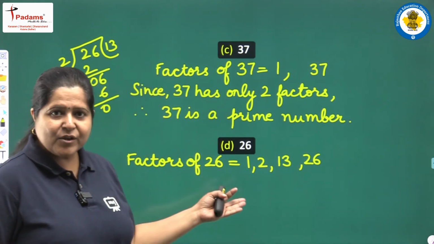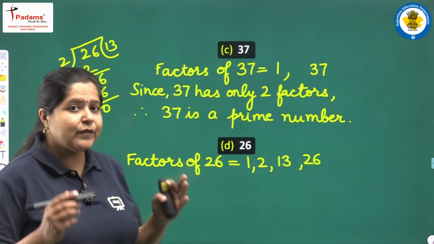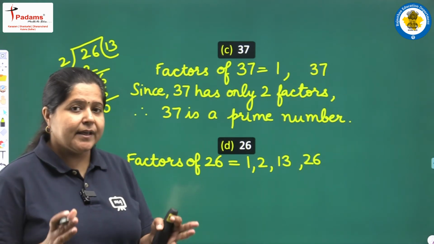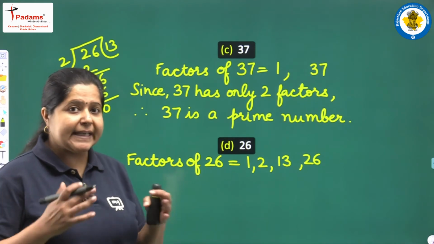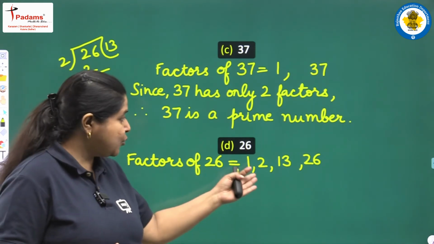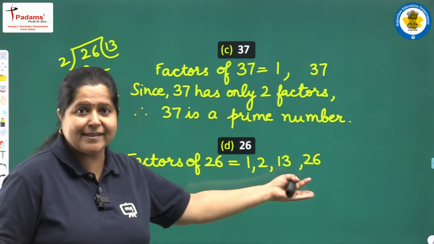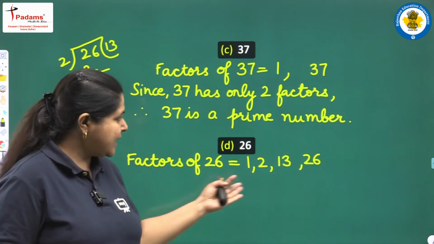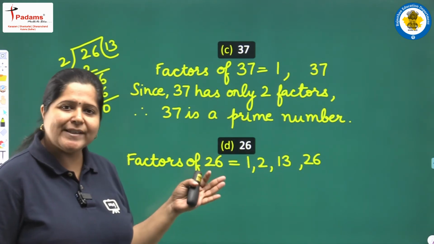Are there other factors also of 26? For this you will have to think about the tables. Does this 26 appear in any of the tables other than 2, 13 and 26? No. So these are the only 4 factors of 26.